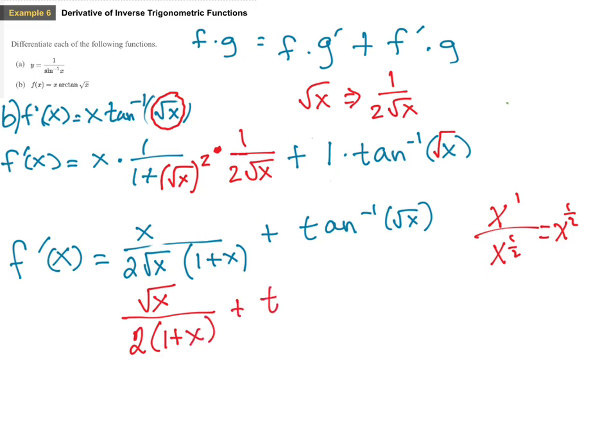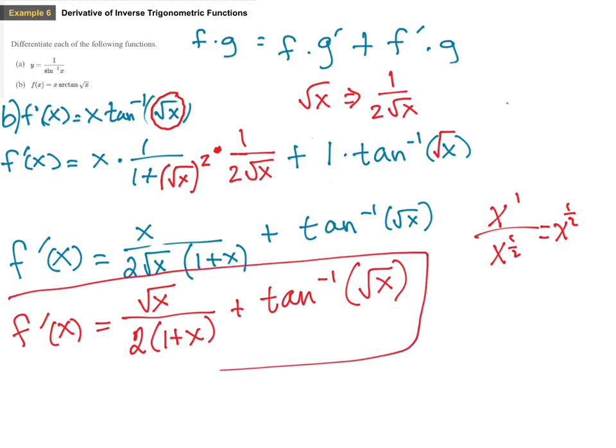This is our final answer. Final answer: square root x over 2 times 1 plus x, plus tangent inverse of square root of x.